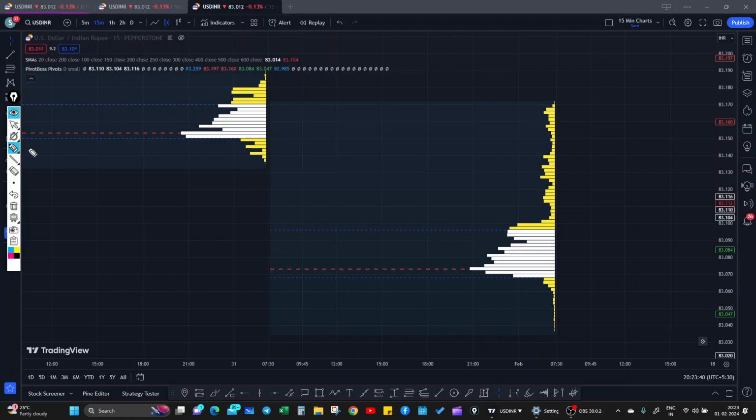So let's understand the basic anatomy of the volume profile. This is how it looks on any chart at any given time. I've taken 15 minutes of time. This is the area of a volume profile.